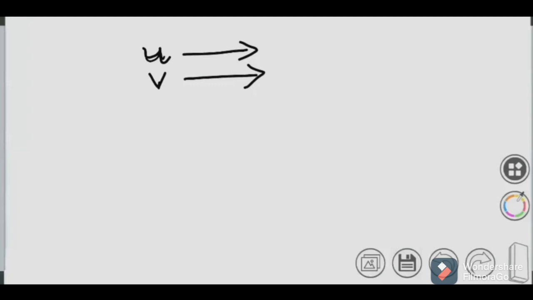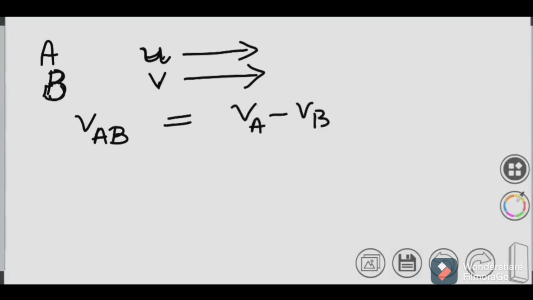We will take the velocity of train A as u and train B as v. Fine. So we take VAB, the velocity of train A with respect to train B, which will be VA minus VB.